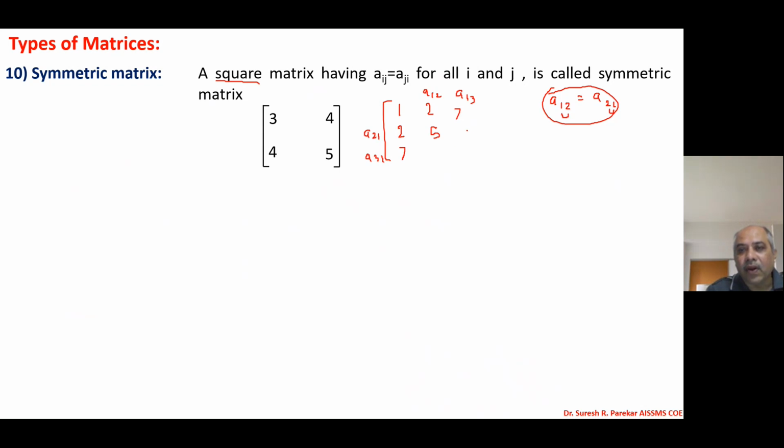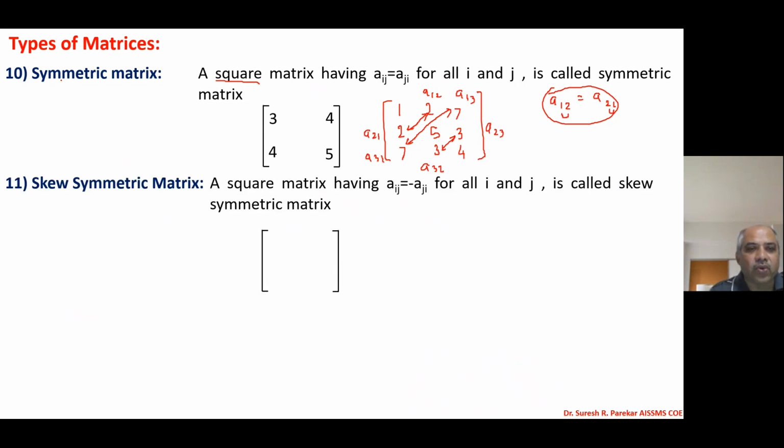Then here we have 3. So this we have is A2,3. Then A3,2. We should have the same value. And then this will be 4. So these values where we have Aij equal to Aji, that we are going to say is a symmetric matrix.